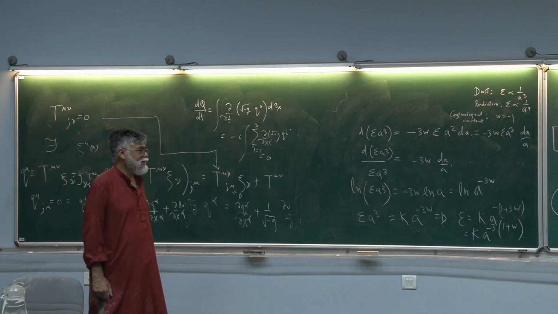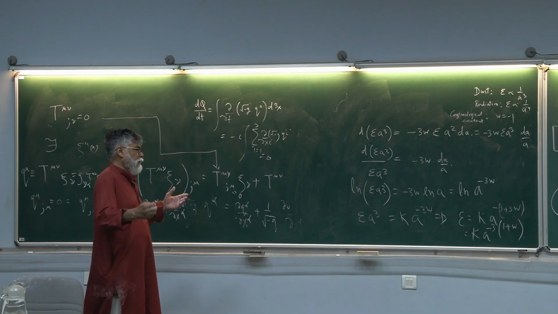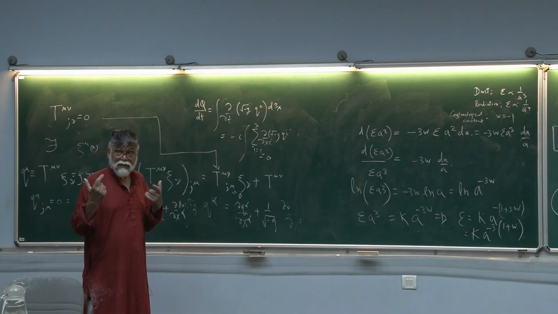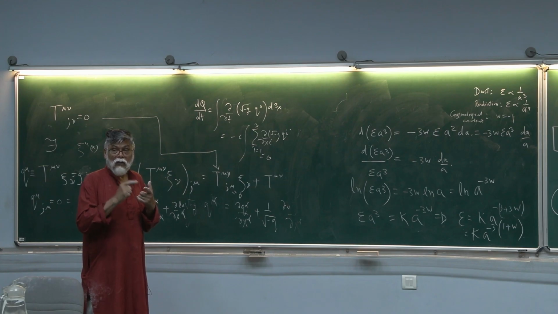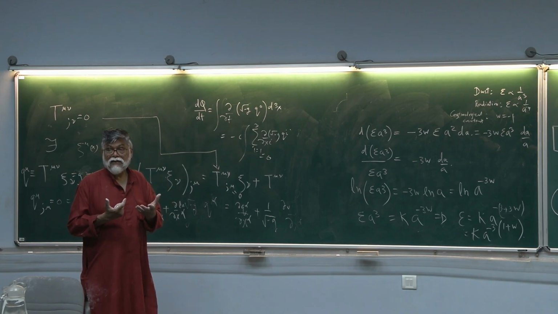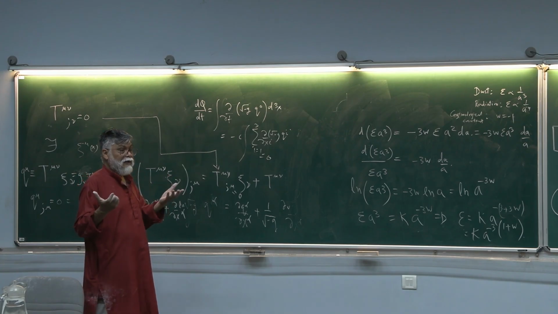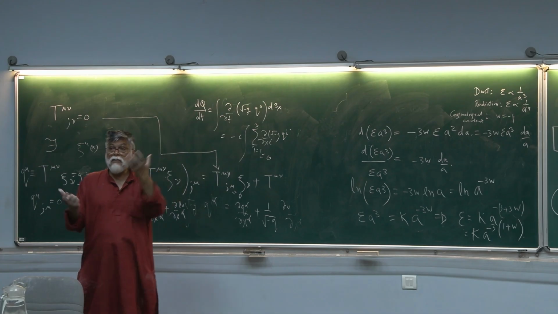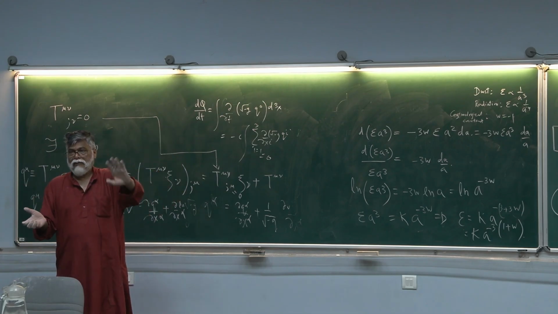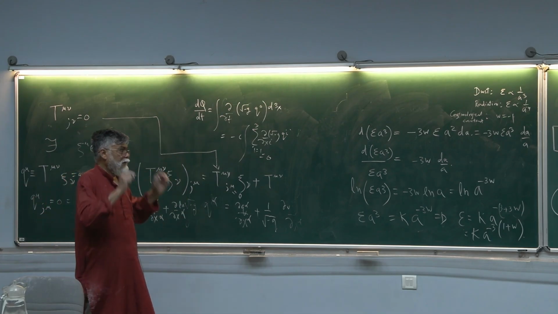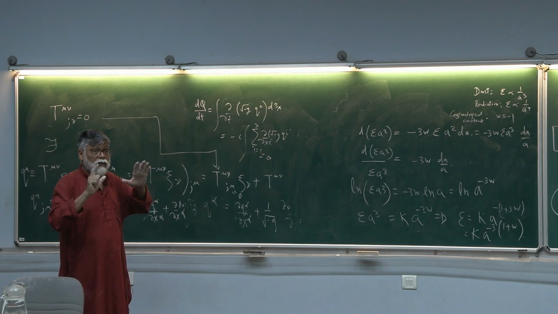Okay. But the fact of the matter is, observations keep on telling us W is close to minus 1. That's also another problem. Why should it be so close to minus 1? Why should dark energy models mimic the cosmological constant? That's another problem. So let's not go into it.